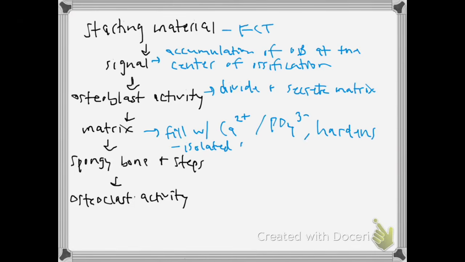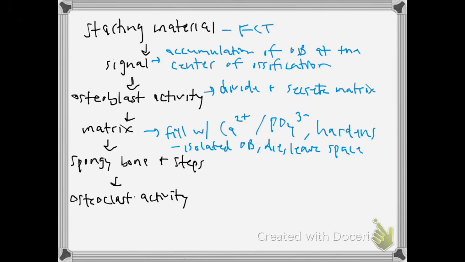So an isolated osteoblast is going to die. And it's going to leave empty space. Alright, so these dead osteoblasts are replaced with hollow space, and the hollow space can be filled with blood vessels, and that's where we'll get our red bone marrow.